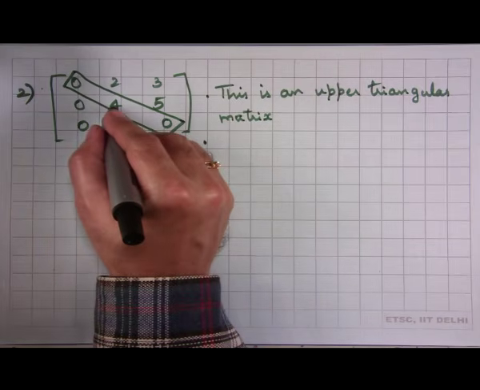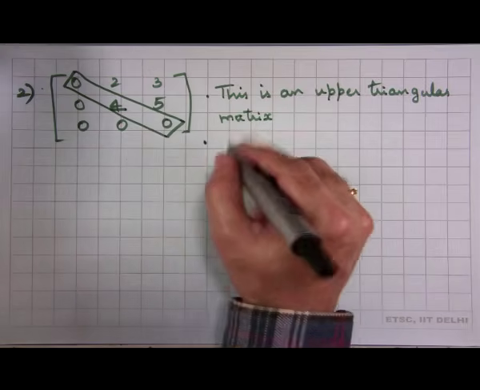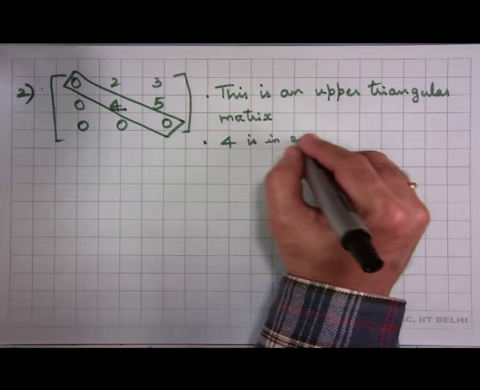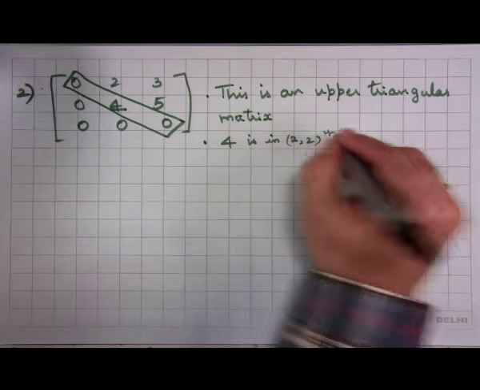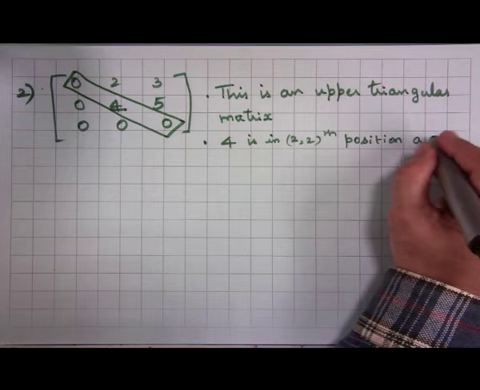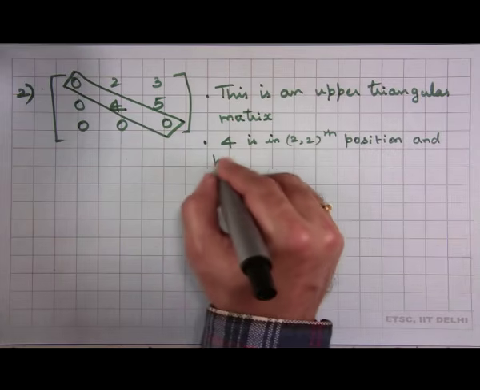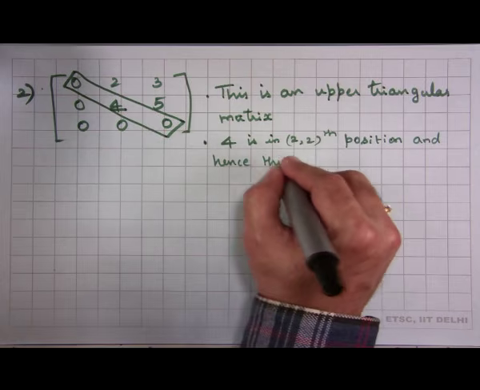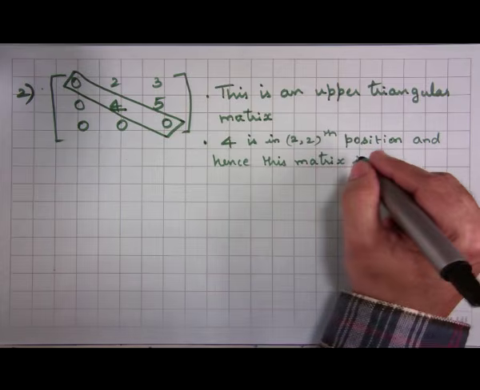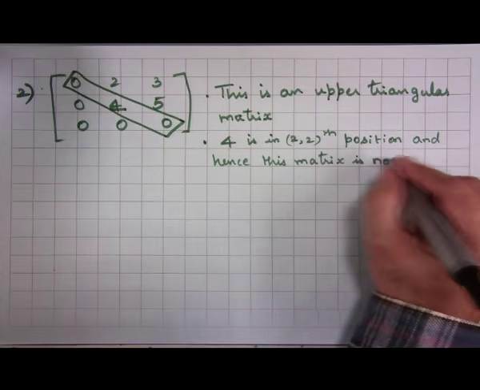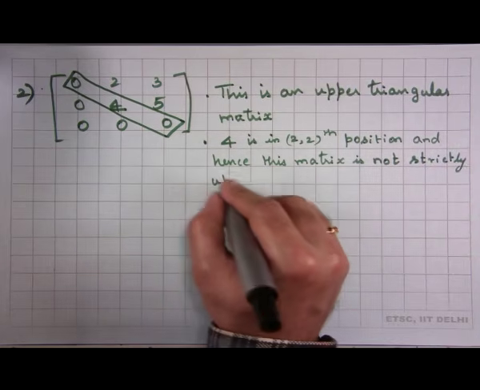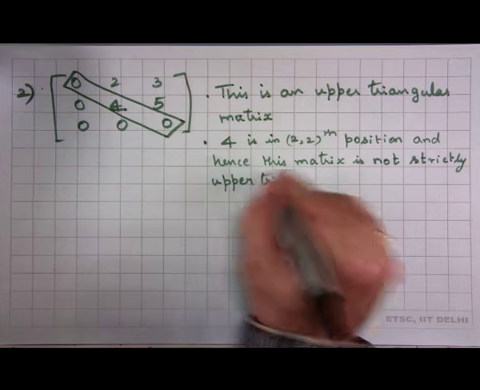The second diagonal entry, which is 4, is a non-zero number, right. 4 is in the 2-2 position, and hence this matrix is not strictly upper triangular.